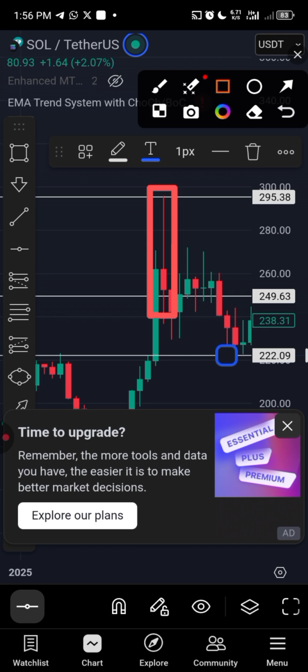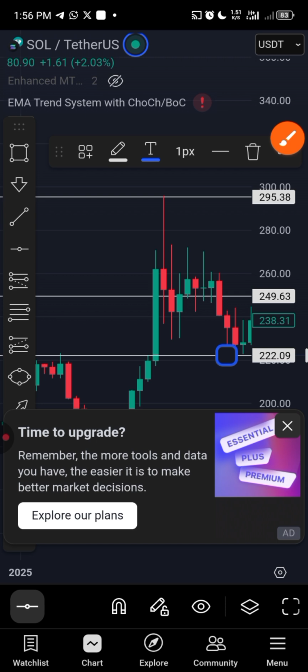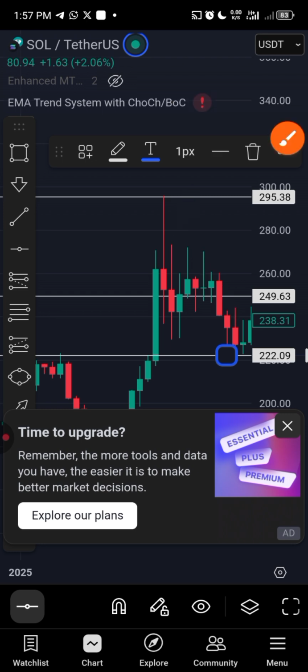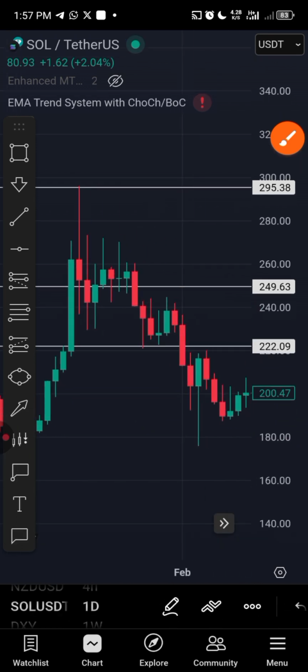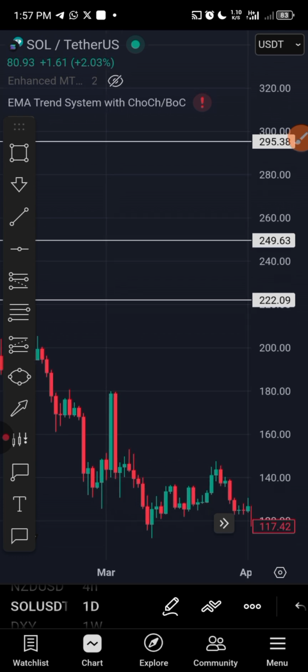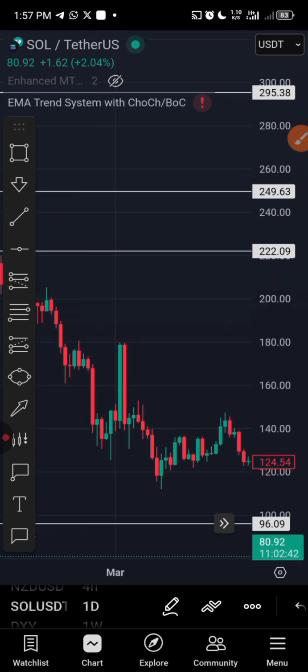Once you see this kind of hammer happen, you simply know that people were wiped out around this level, and then the market still closed inside this zone. You can see the market never closed outside this zone. So once you see this kind of thing happen, you should know that the buyers are not willing to continue to buy above this level, so the sellers are definitely going to come in to sell the market. So let's see what happened. You can see what happened. The market continued to sell all the way to the bottom side.